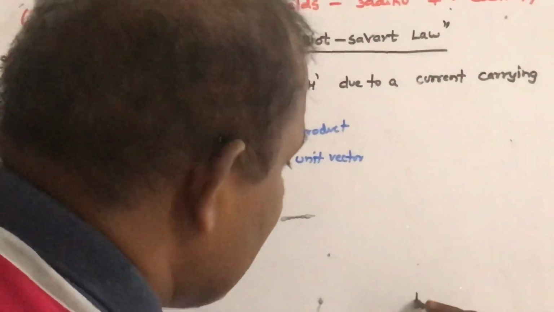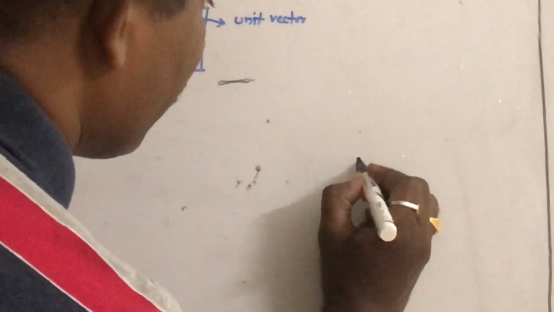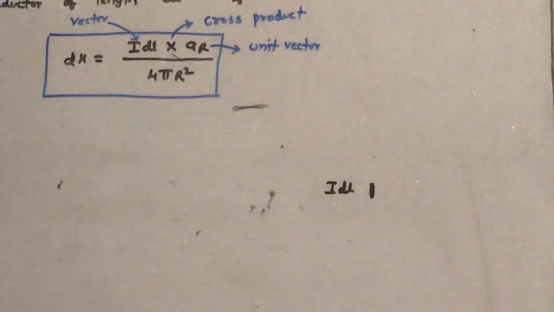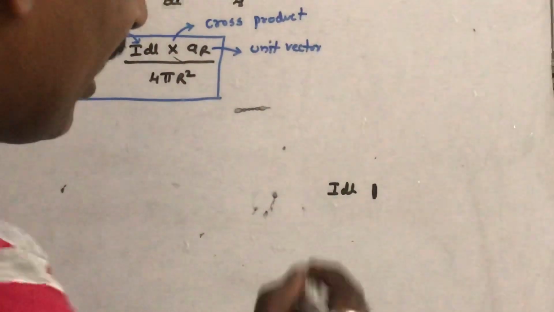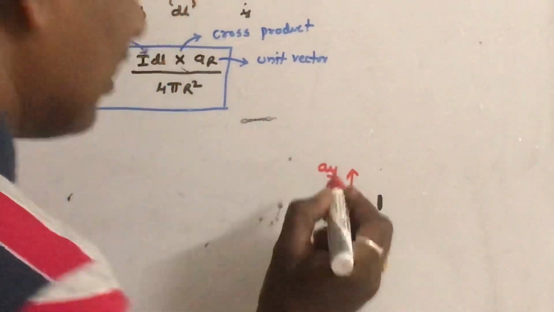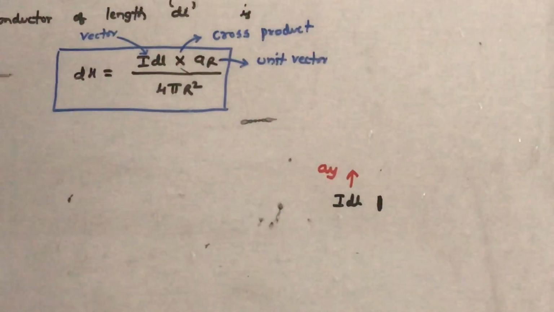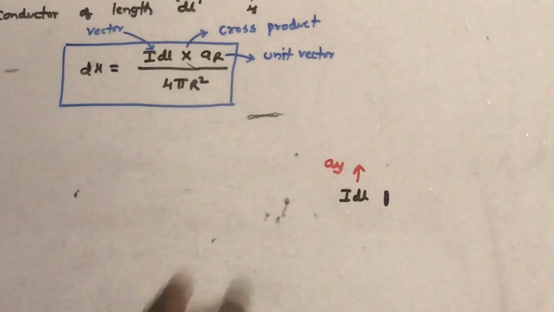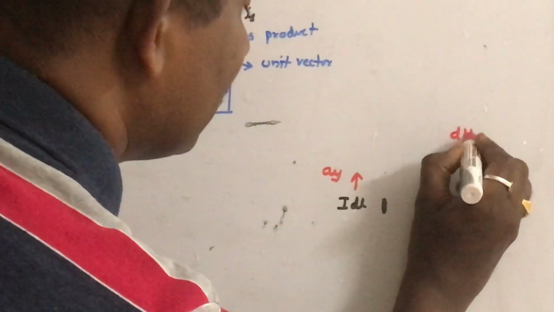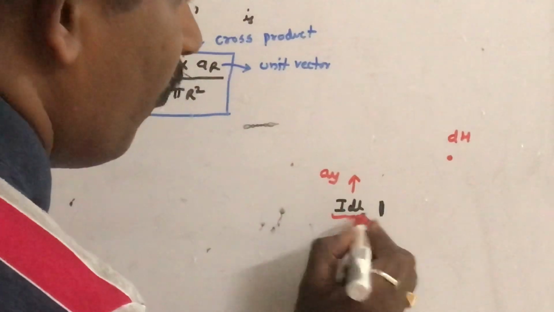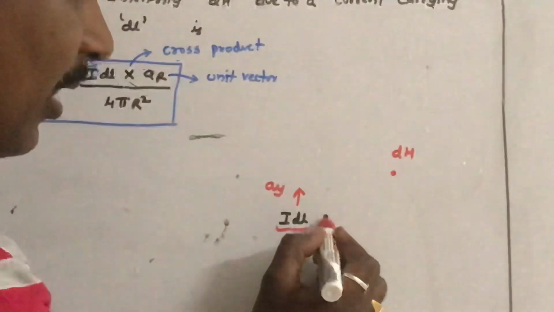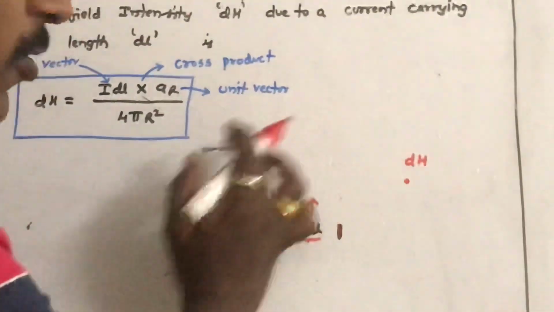The given information is a small current element, say I dl. It is carrying a current in the positive y direction. Since it is given as positive y direction, the current direction is taken as unit vector a_y. So we want to find out dH because of the current flowing through this small length dl; a magnetic field is produced around it.